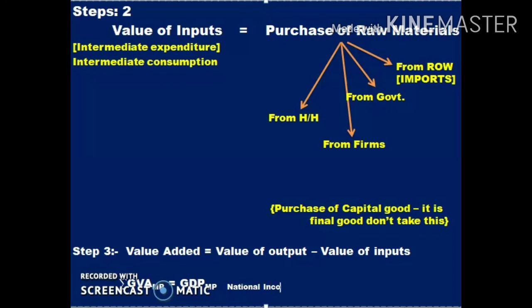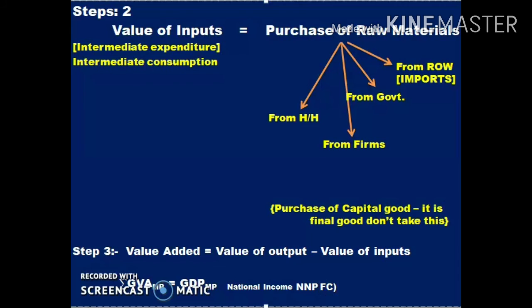So if in the question you are asked to find national income, how will you find the national income? What is the term written for national income? It is NNPFC. Okay, NNPFC you have to find.